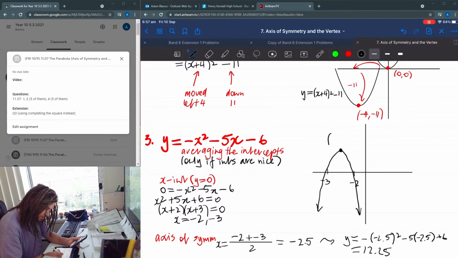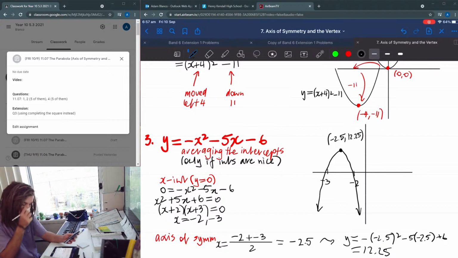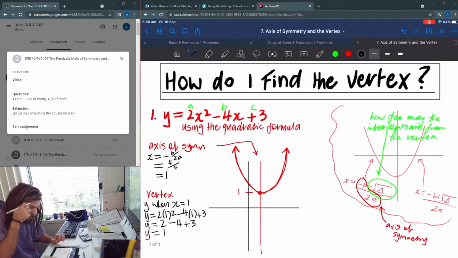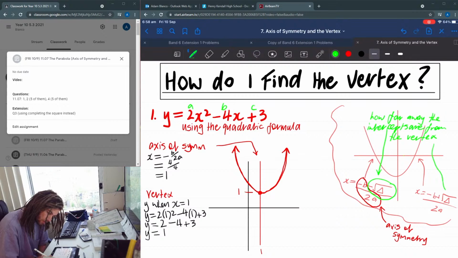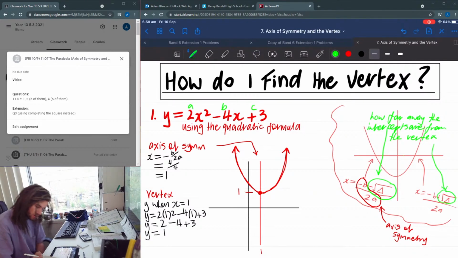So that means this point is minus 2.5, 12.25.